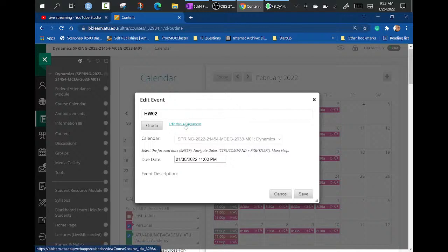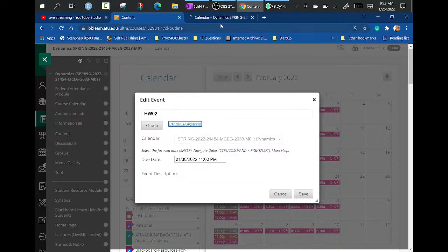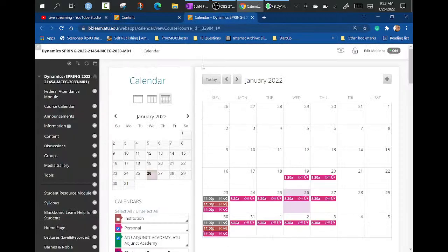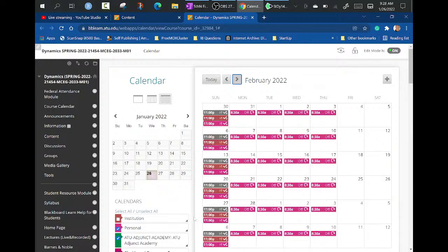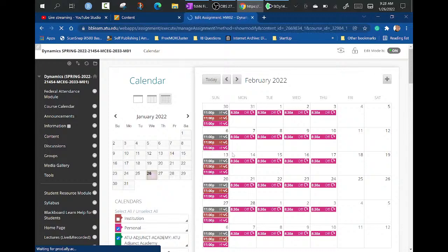How do I do this? Let's see. Control select. Okay, open a new tab. Okay, shoot. Looks like I'm going to have to go in there and edit this assignment? I'm not trying to edit it.